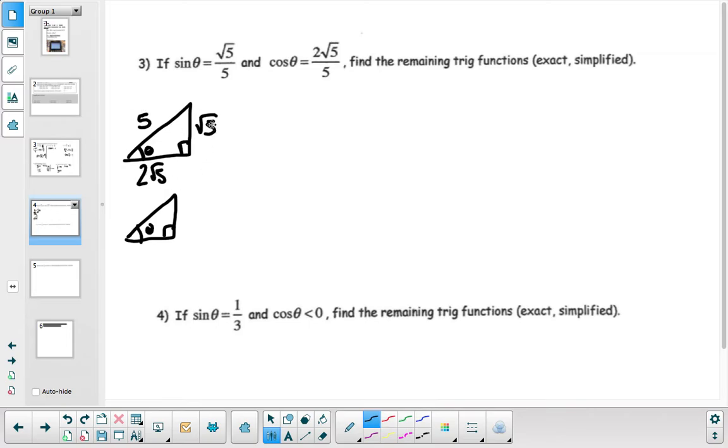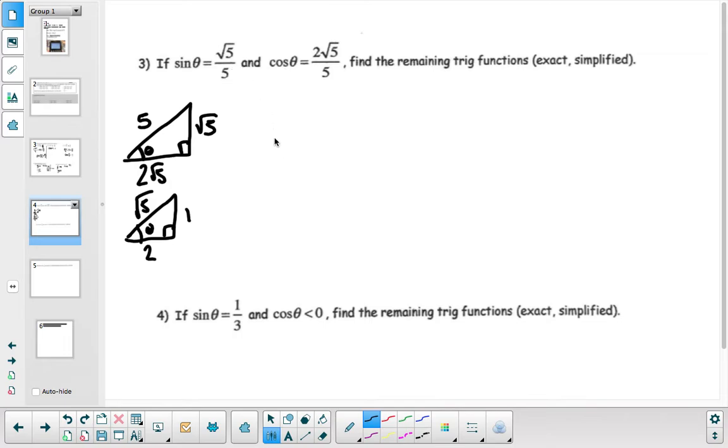That way I don't have root 5 here. 5 divided by root 5 is root 5. So we can work with this, and it might make things easier. I think it does in this case. But you could get all of your answers from this one, or from the other, or you could do a little combo platter between the two. It should give you the same values because theta is the same.